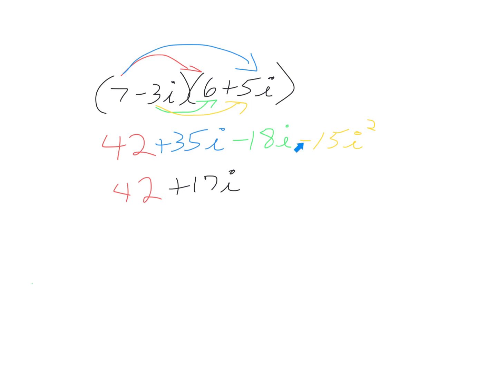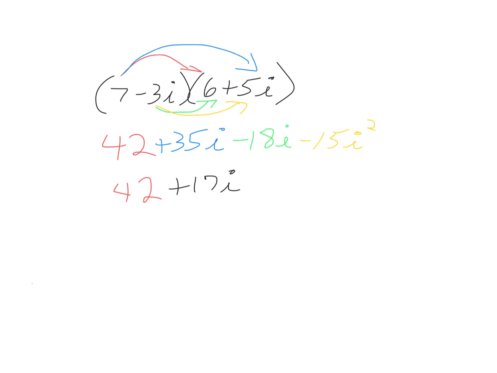And then here, the minus 15i squared. The i squared actually equals negative 1. So in a sense, I could replace that with times negative 1. Well, negative 15 times negative 1 is positive 15.